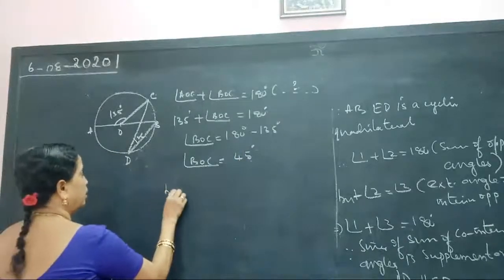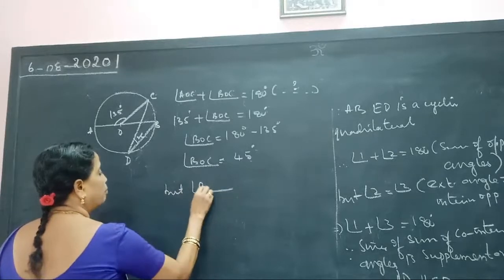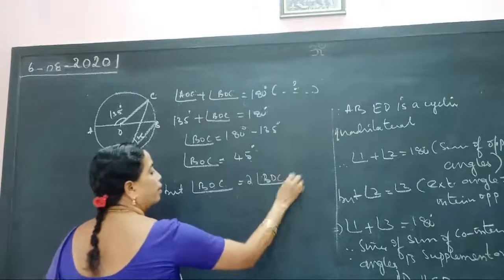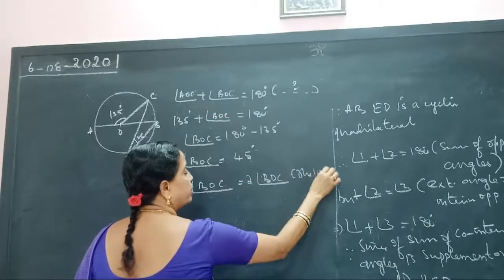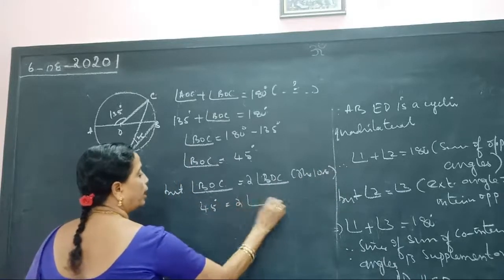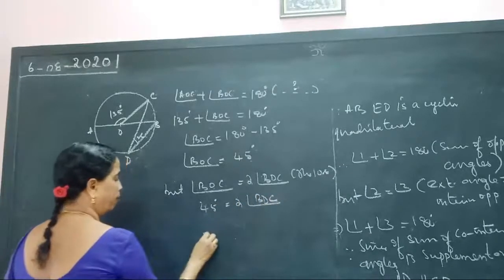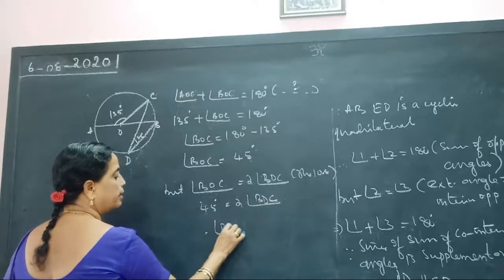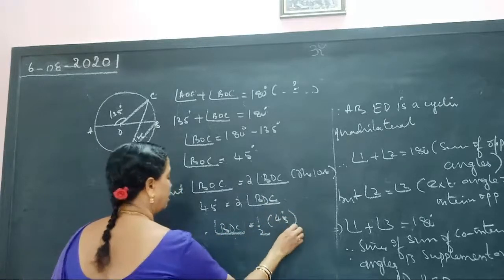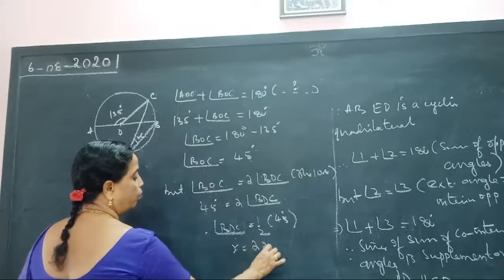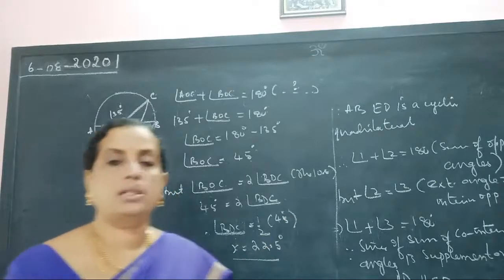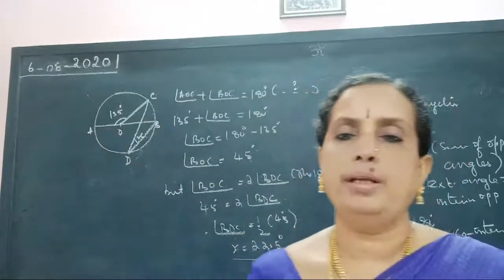But angle BOC equals 2 times angle BDC, Theorem 10.8. 45 degree equals 2 into angle BDC. Therefore, angle BDC equals half of 45 degree. X equals 22.5 degree. Step by step give the answer properly.